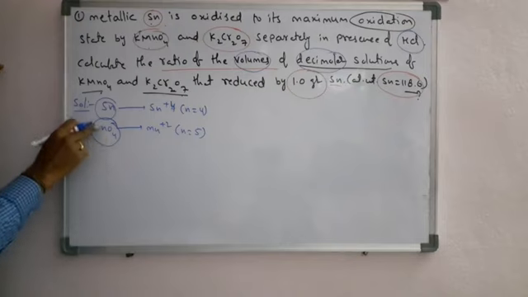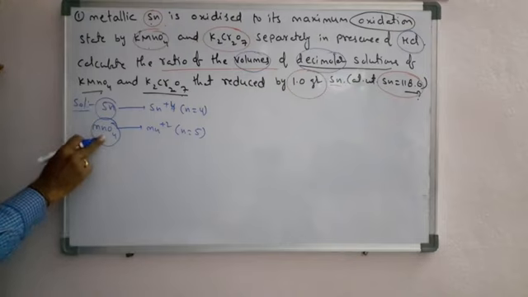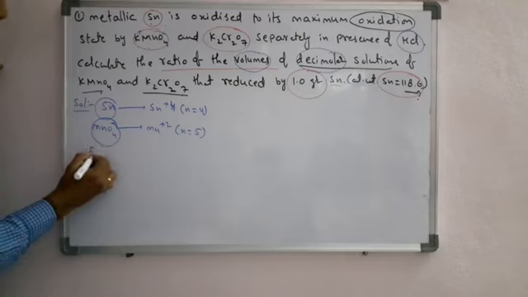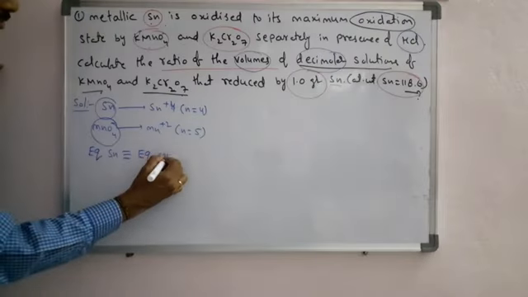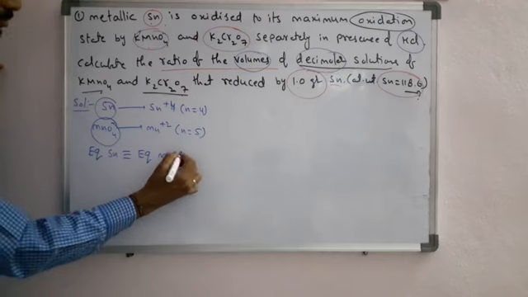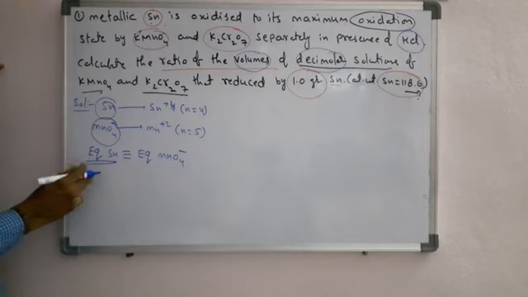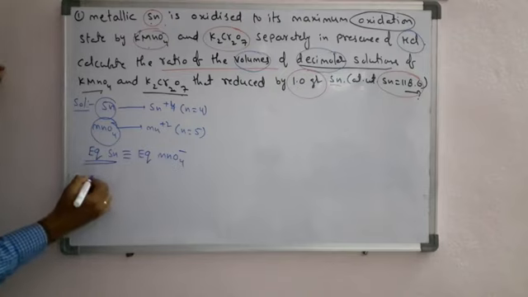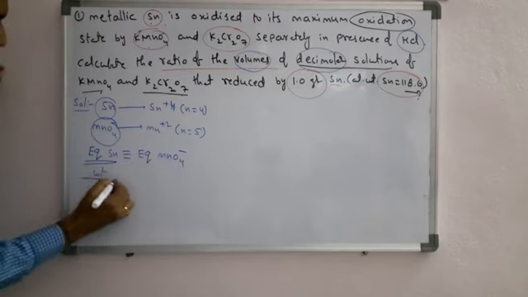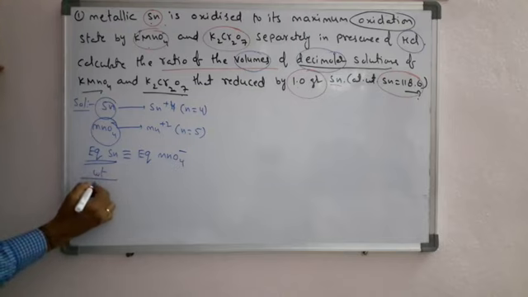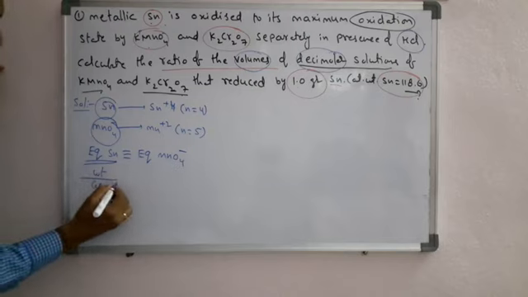MnO4 minus oxidizes tin and is reduced completely. So the equivalents of Sn are exactly equal to the equivalents of MnO4 minus. What is the equivalent weight? We know that equivalents are always weight by gram equivalent weight.